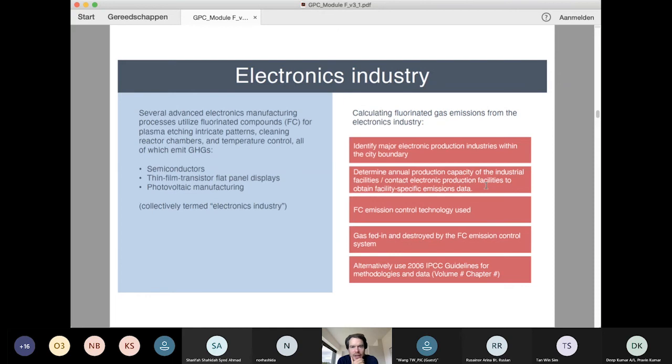If you have a big semiconductor industry, or even a small one, or manufacture photovoltaic panels, solar panels, in your city, then they will use fluorinated compounds, these F gases, which are highly effective industrial gases but of course have a big impact on climate. You'll find them being used in the electronics industry as well.